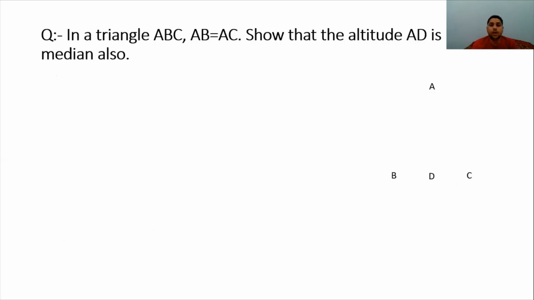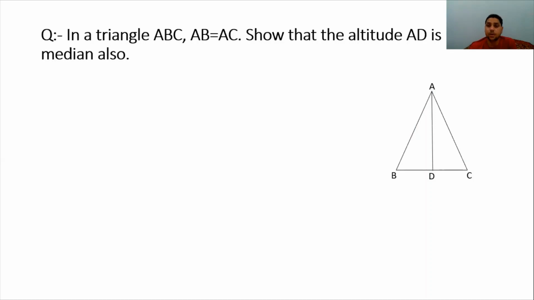Now, another question is here. We have triangle ABC, AB is equal to AC here. Show that altitude AD is median. We have a triangle ABC, and AB is equal to AC, which means it is an isosceles triangle.